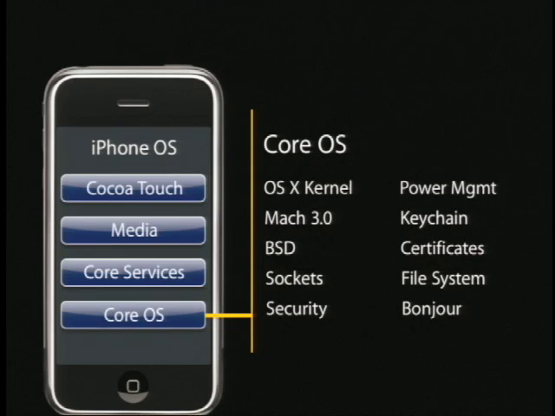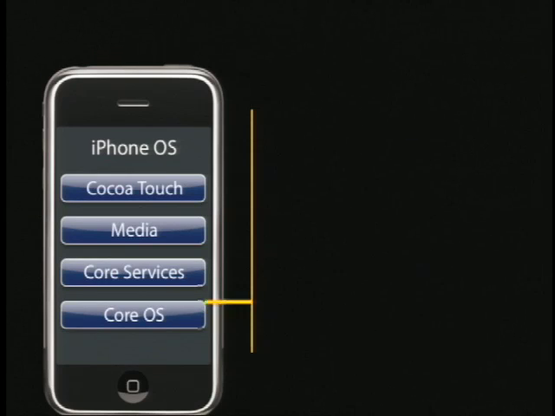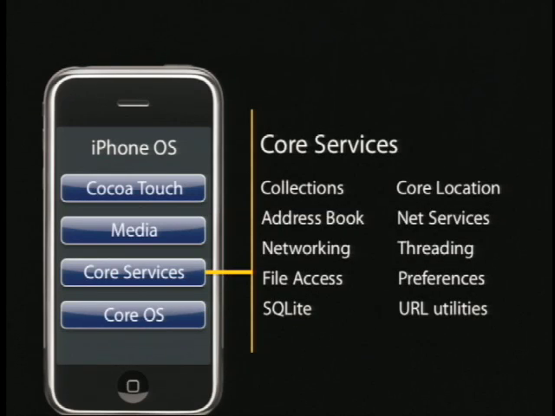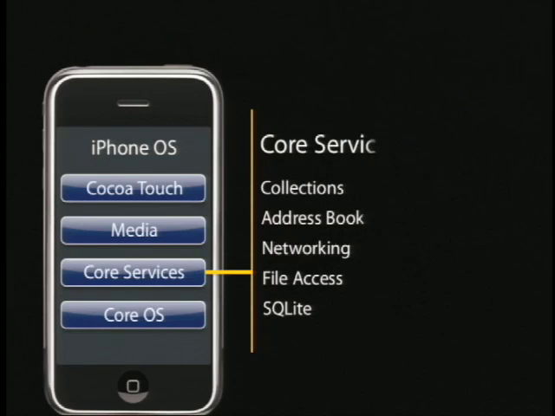There are several different pieces in here that are available at the lowest level of the operating system. The level above that, core services, includes things like networking, address book, preferences, things that are a little more Mac-centric and set up the environment that your applications will talk to through the system.